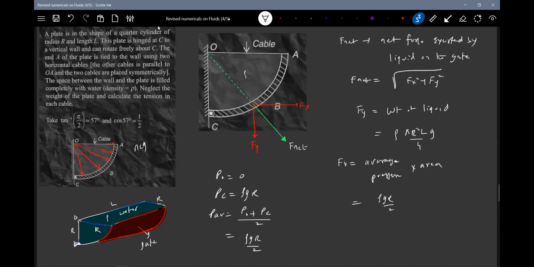Neglect the weight of it and calculate the tension in the cable. Okay, fine. What is the area? Here, better write the effective area. What is the effective area? I think R into L or L into R.